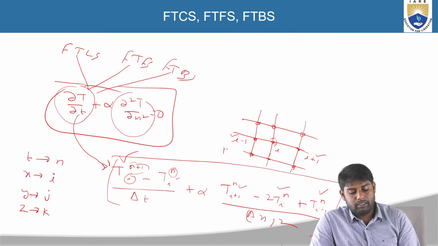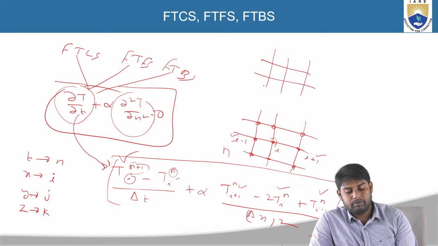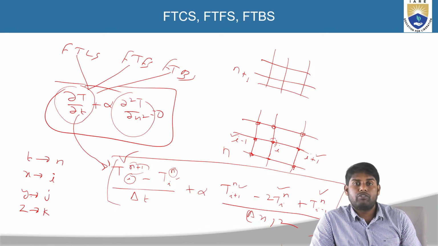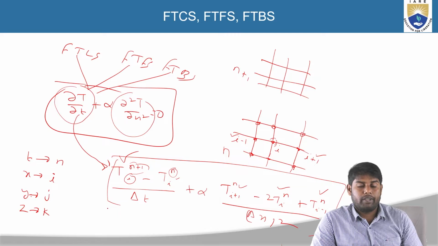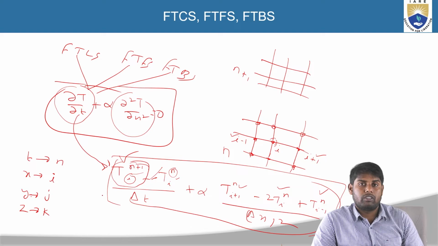This is the value at time level n; at time level n plus 1, this would be another set of values at the grid points. The left hand side is the unknown value, and here we have all known values. We rearrange and get the value of temperature at the n plus 1 time level. This is how we do it for the forward in time, central in space scheme.